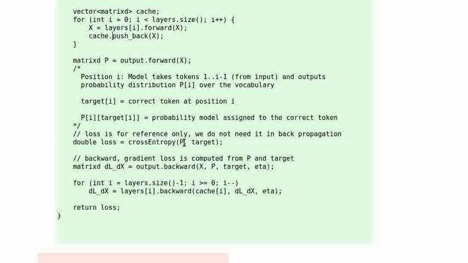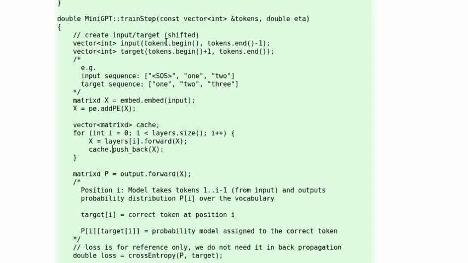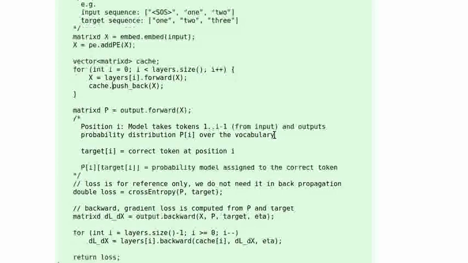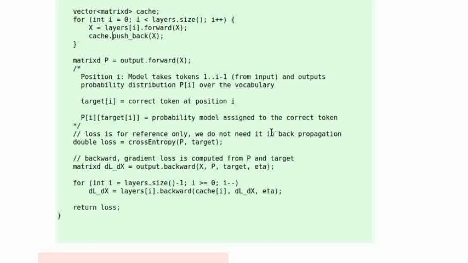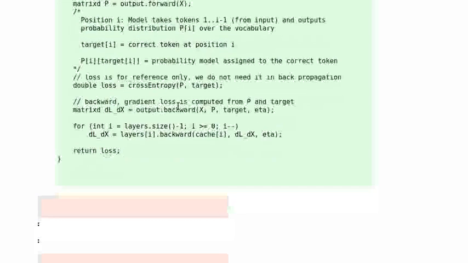With P, this matrix of probabilities, and the target. So basically, if the probability is high, the loss is low. That means accurate prediction. On the other hand, if the probability is low, that is a poor prediction, then we have a large loss.